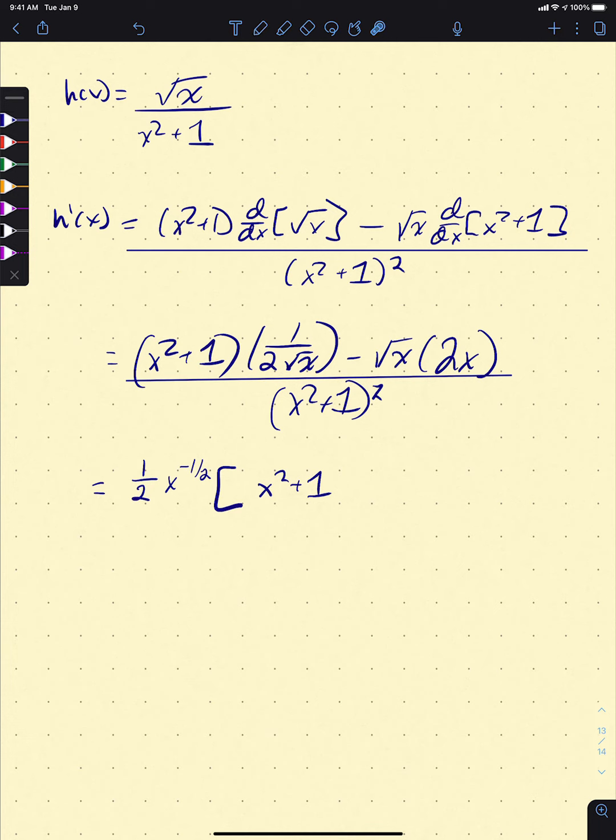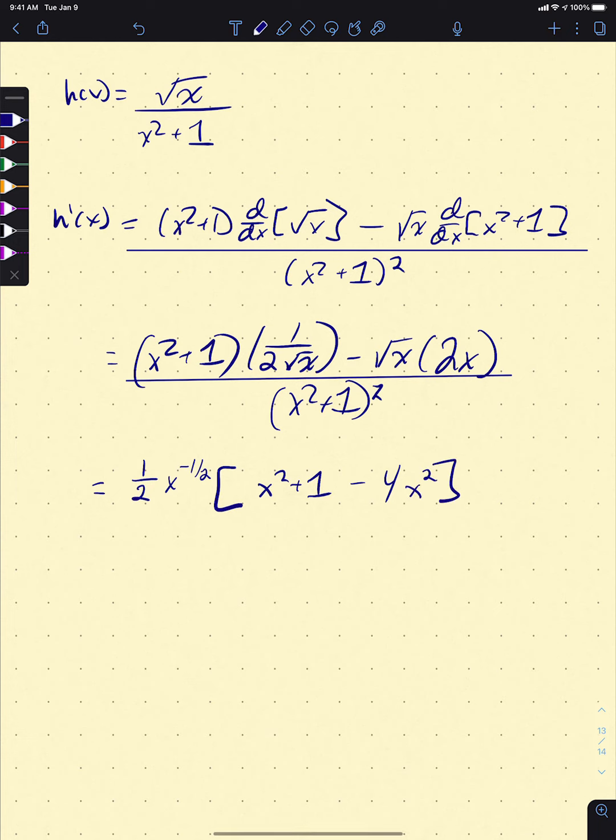But what happens when I try to factor that out of here, right? When I pull out an x to the negative 1/2, since there's not 1 right here, that means that I need to add in an x to the 1/2, right? And then a 2, right? So that's going to be minus 2 times 2 is going to give us 4, x to the 1/2, and then another 1/2.